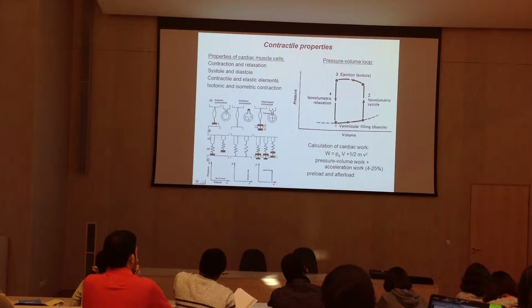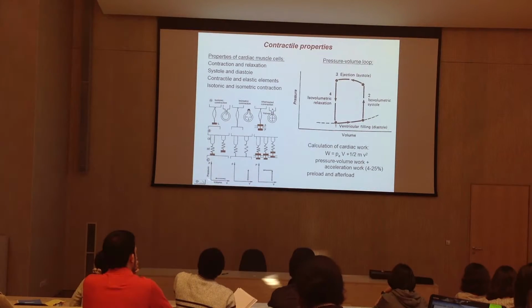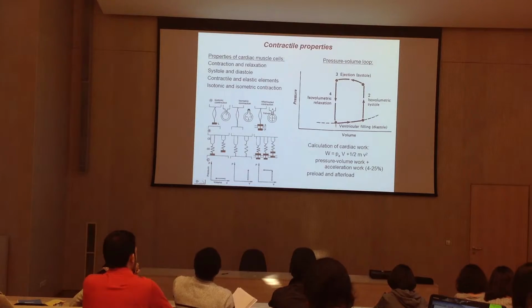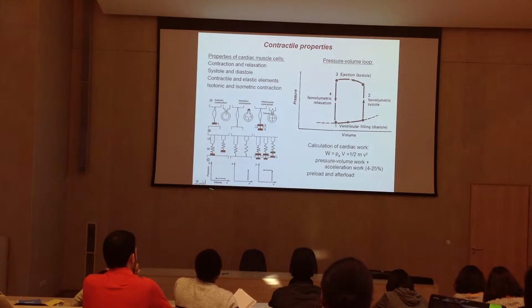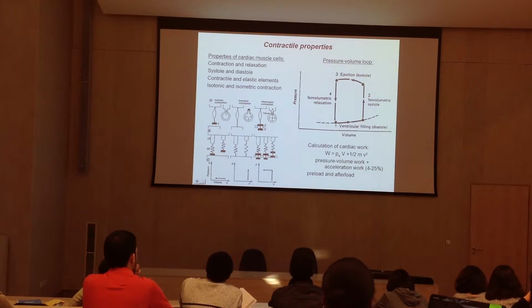If you would like to make it more serious, you can make a diagram, a volume pressure diagram of the ventricle. What does it mean? The volume of the ventricle and the intraventricular pressure.